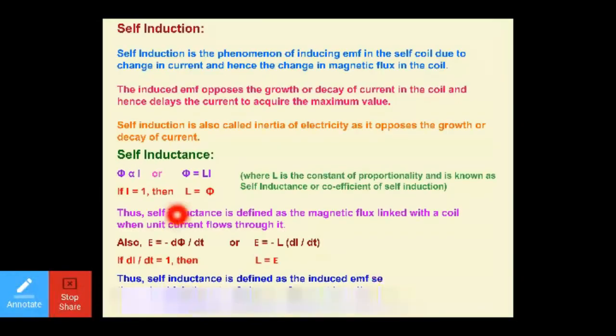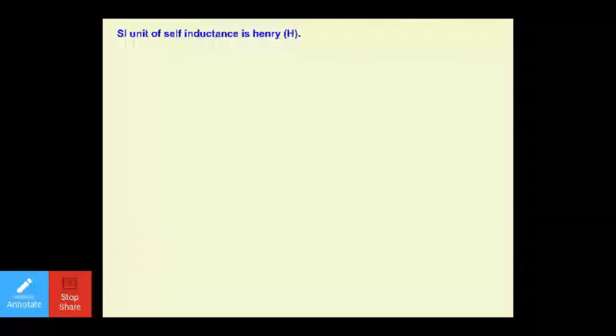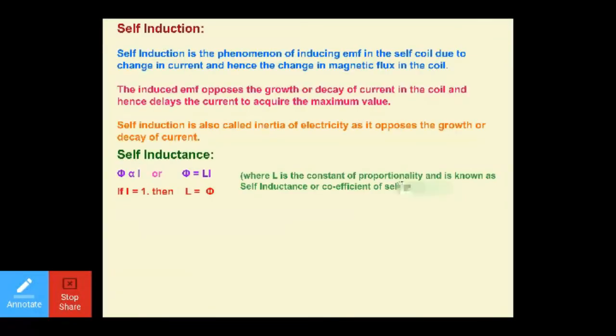If di by dt is equal to 1, it means the change in current is 1, then L is equal to E. Thus, the self-inductance is defined as the induced EMF set up in the coil through which the rate of change of current is unity. If the rate of change of current is unity, dear students, then the coefficient of self-induction or inductance is numerically equal to EMF.